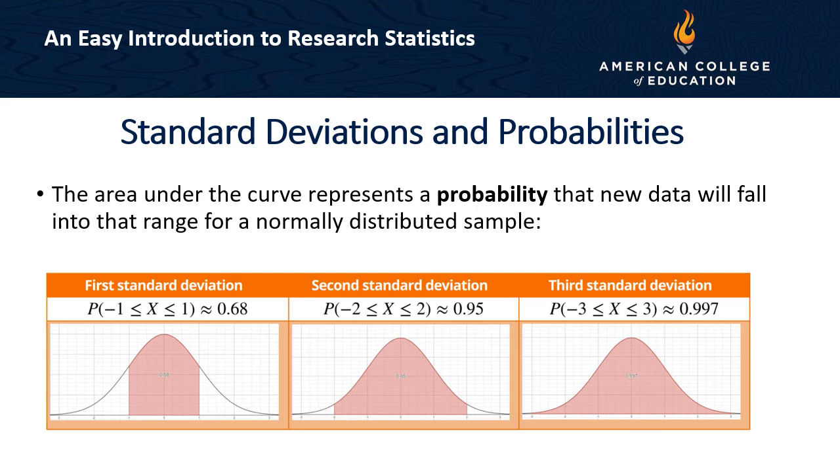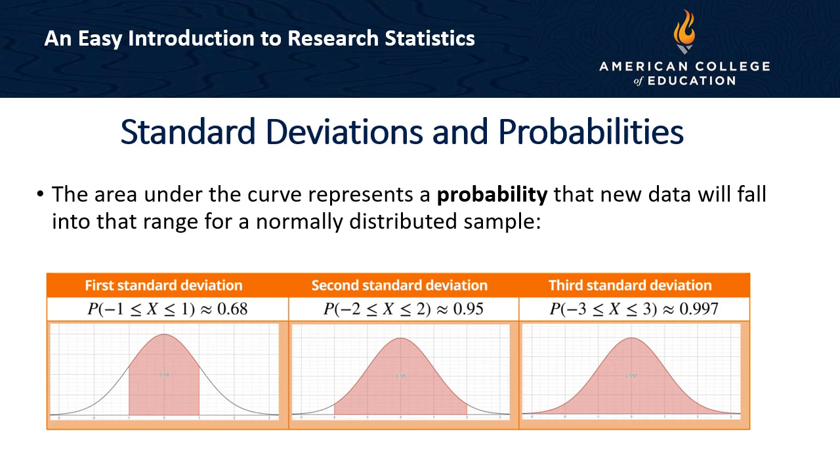So for example, if we're looking at one standard deviation from the mean, there is a 0.68 or 68% likelihood that any new data we introduce is going to fall within that range. If we move out to 2 standard deviations from the mean, now we're covering a much wider range of that graph. We have a pretty good chance.